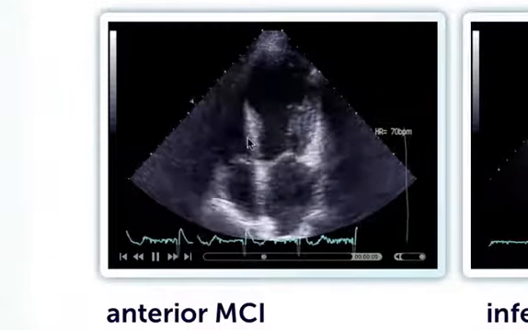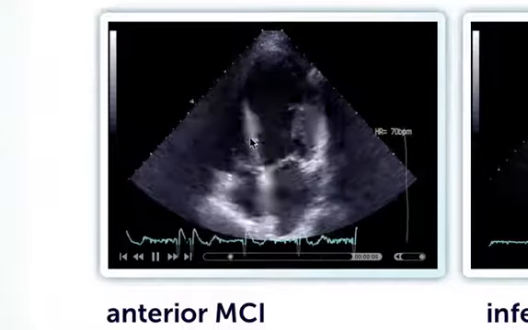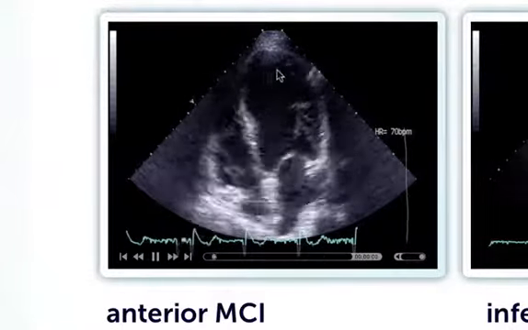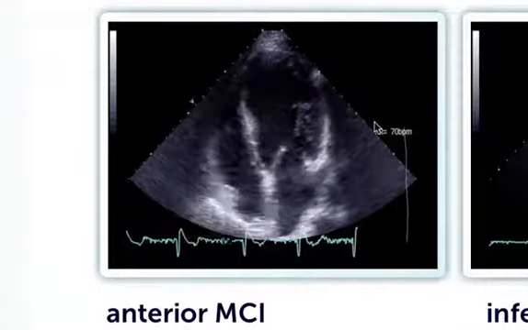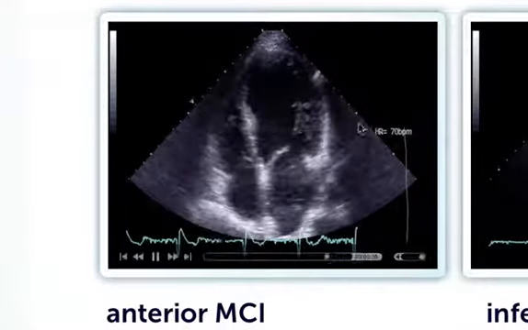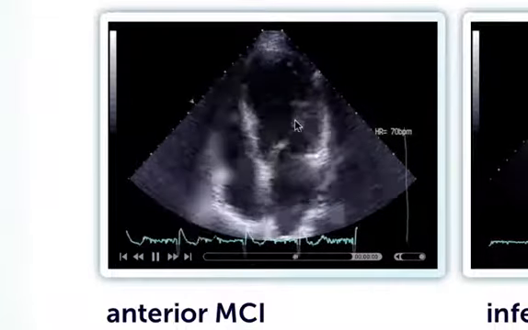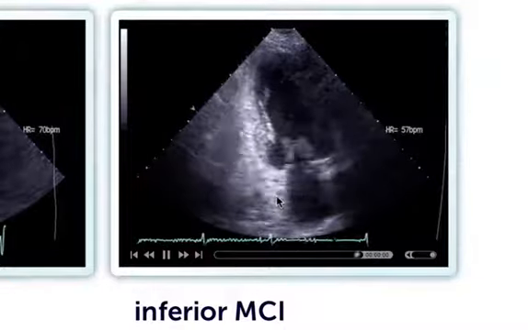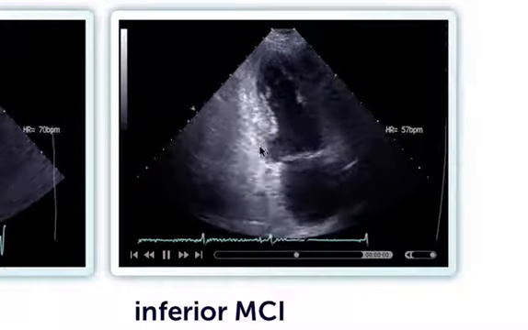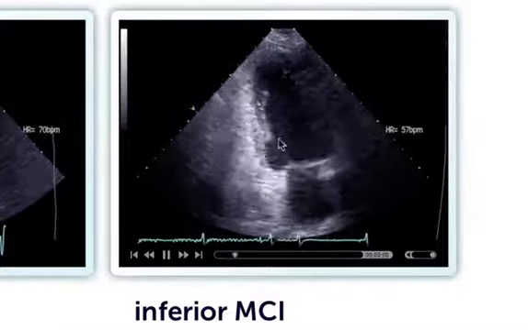So when we look at regional wall motion abnormalities, we also have to look at comparison between different segments. And this is a very nice example which shows you that we have different degrees of wall motion abnormalities in one image, in one 4-chamber view. Here on the right-hand side, you see a patient who has an inferior infarct. This is the infarct here. What do we see?